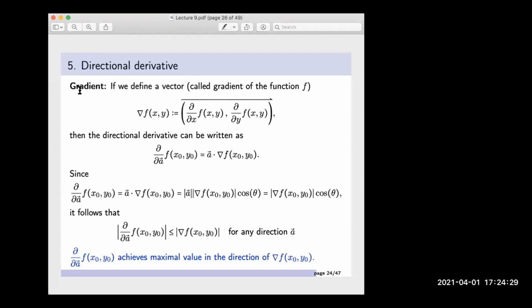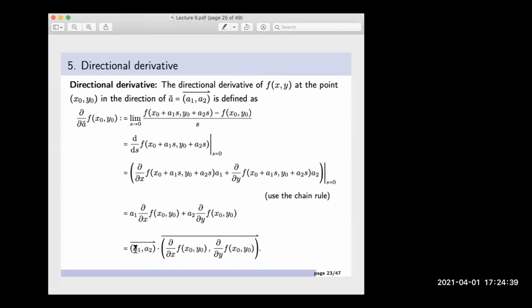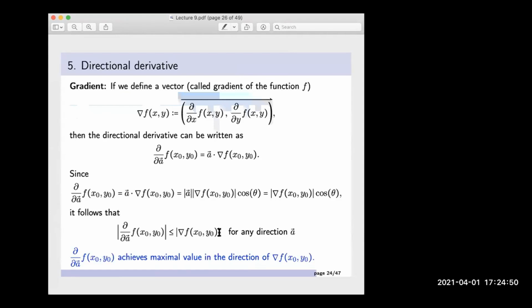It's called the gradient. Okay? It has a special name, and our formula shows that the derivative in a given direction a is simply equal to the vector a times the gradient. Okay. So that's the formula here.